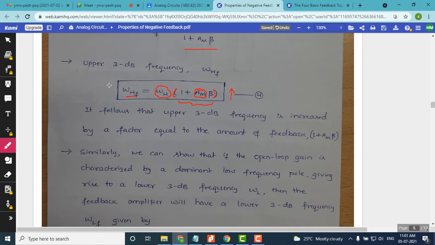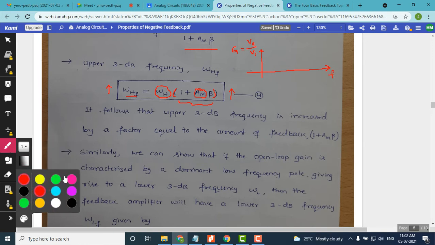Okay, suppose this is going to be a frequency response curve. The frequency response curve is nothing but Vo by Vi, it is a gain, this is a gain equation, and if we plot it with reference to frequency, okay, we can plot this as a curve for a common source amplifier.